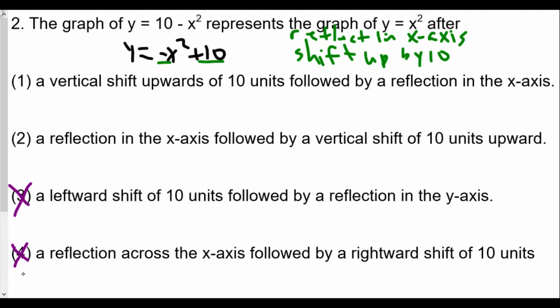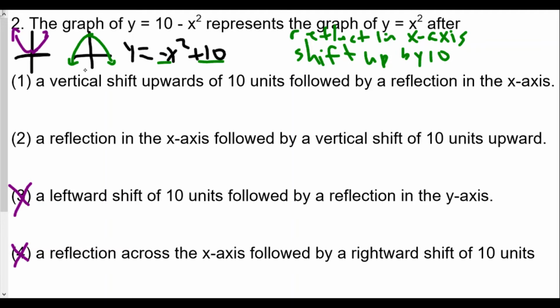Okay, well, what happens is that if I sketch this graph here, all right, here's y equals x squared. And the graph of 10 minus x squared is going to look like this. Now which one would give us the correct answer?